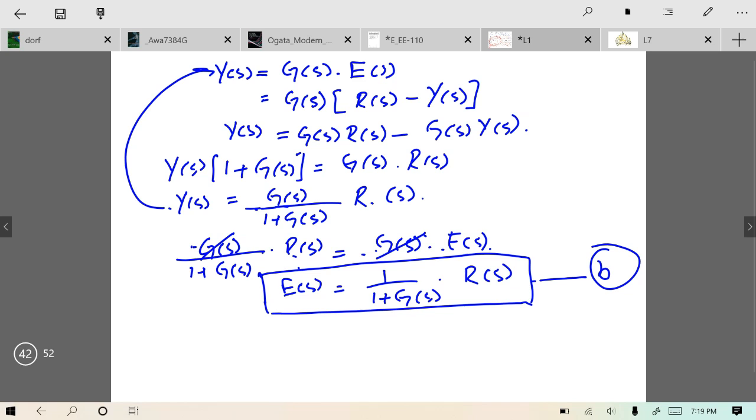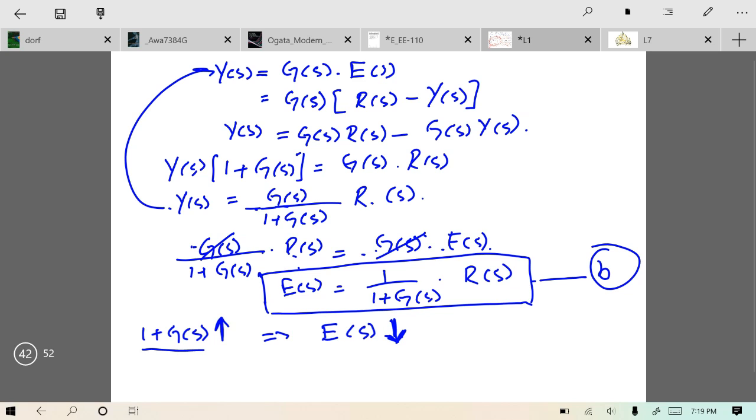So now we have control over the system. In order to reduce the error, we have to increase this 1 plus G of S term. If I increase this 1 plus G of S term, I will automatically reduce my error signal.